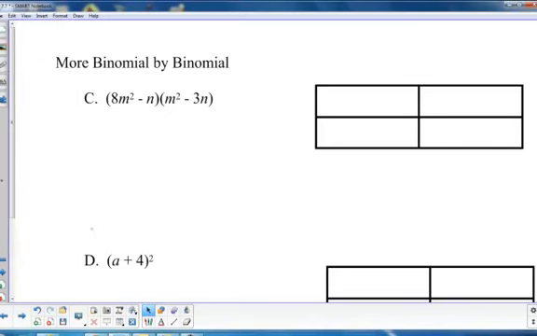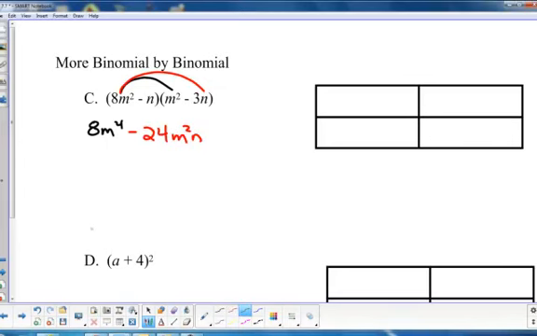Some more double distribution. 8m squared times m squared is 8m to the 4th. 8m squared minus 3n is minus 24m squared n. Negative n times m squared is negative m squared n. And if you put n m squared, that's fine, but just be sure that you see these are like terms.